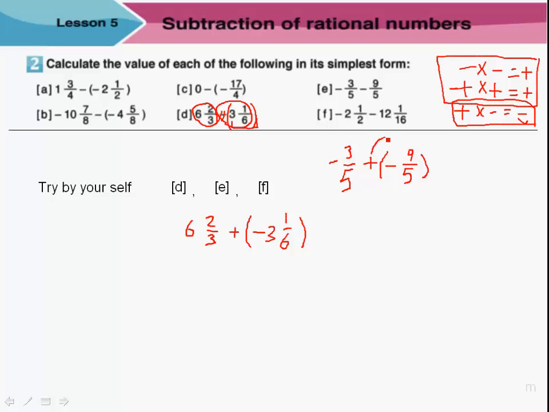So plus times minus gives minus, which is here. So this is minus 9 over 5. Again, this will be minus 3 over 5, and plus times minus 9 gives minus, and here we have the 9 over 5.